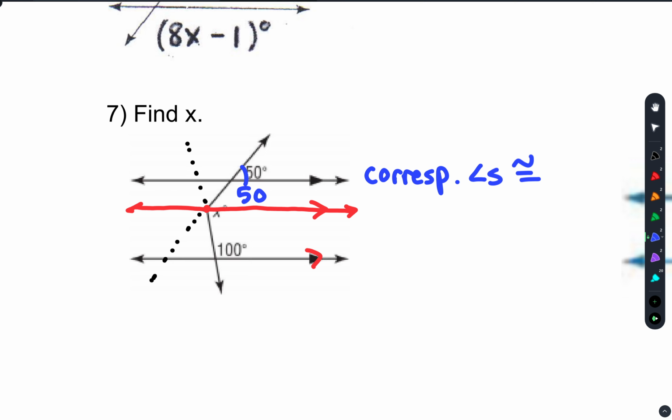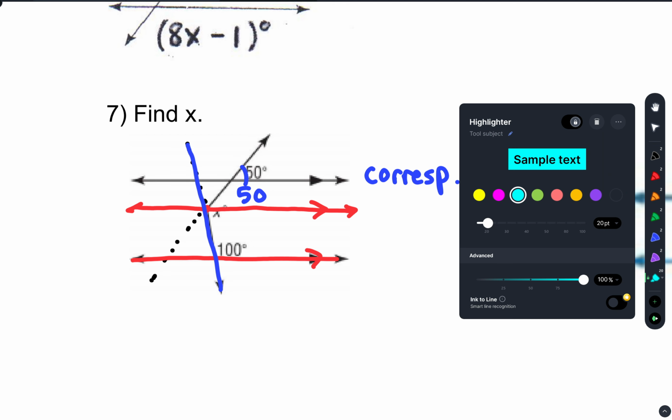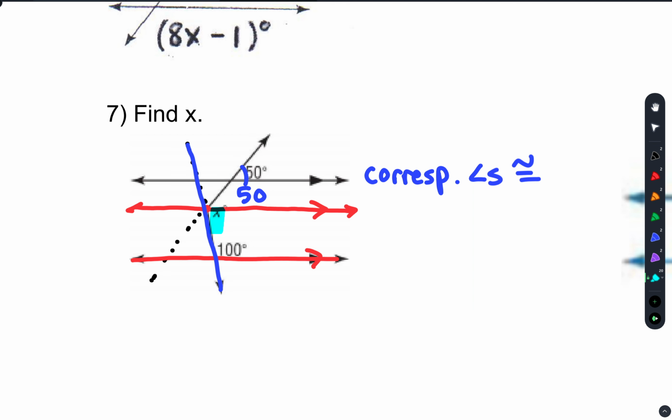Now let's focus on the bottom part of that angle. Let's look at a different transversal. Now what do I know about this part of my angle? Uh-oh.